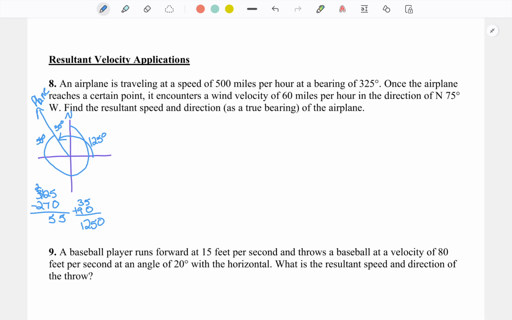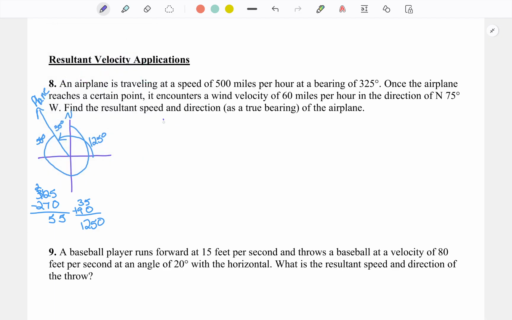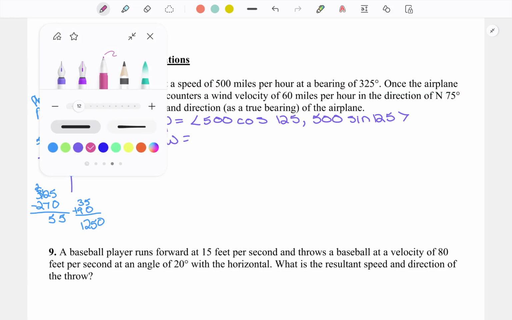So our vector for the plane, we're going to call this vector P, is going to be 500 times the cosine of 125, and then 500 times the sine of 125. And then we are going to have a vector for the wind. So the wind is going 60 miles per hour in the direction of north 75 degrees west.